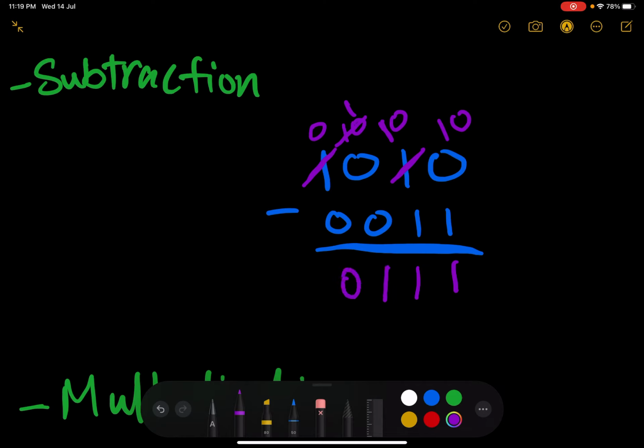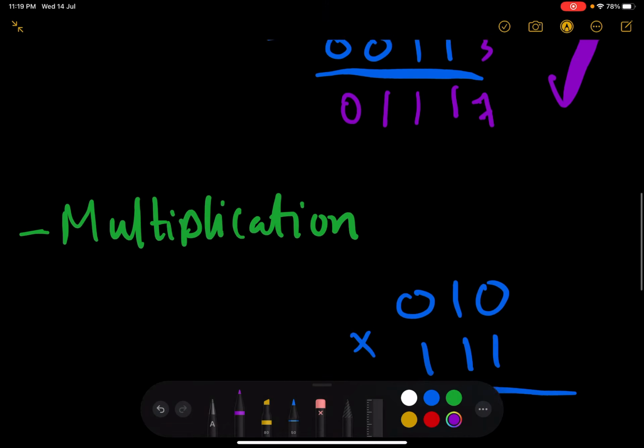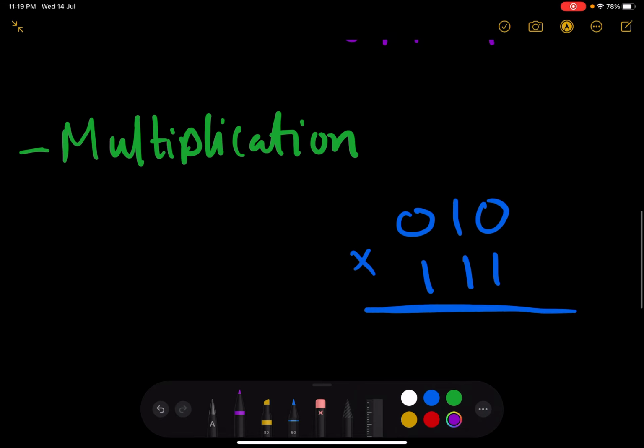Also you can double check by converting. This number is 10, and here we have 3, and here is 7. So 10 minus 3 is 7, so our answer is correct. For the third part, we have the multiplication.